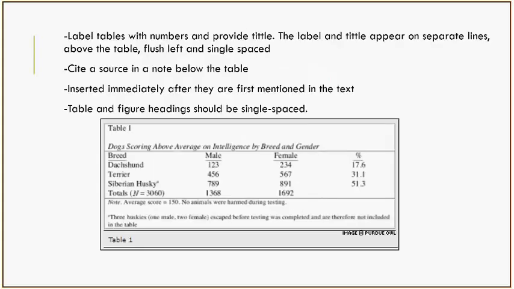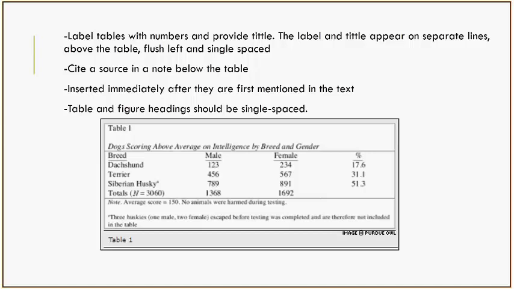Okay, moving on to tables for a moment. You always want to label the tables with numbers. You can see on the example it says Table 1, and provide a title. The title of this one is Dogs Scoring Above Average on Intelligence by Breed and Gender. The label and title appear on separate lines, and they're both flush left and single spaced. You want to cite a source in a note below the table.